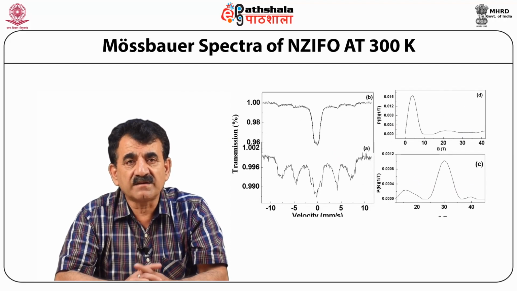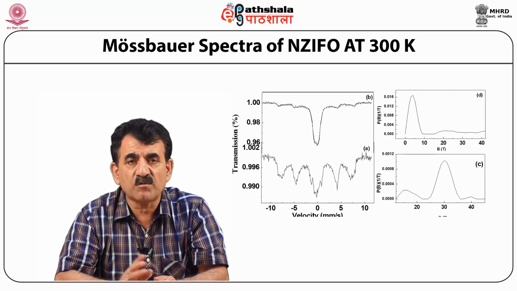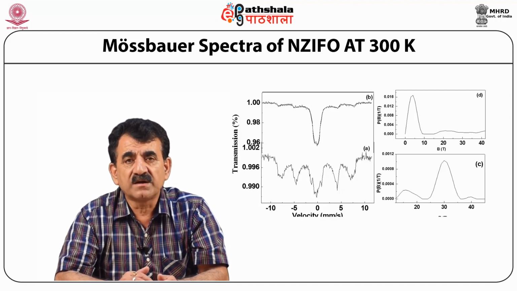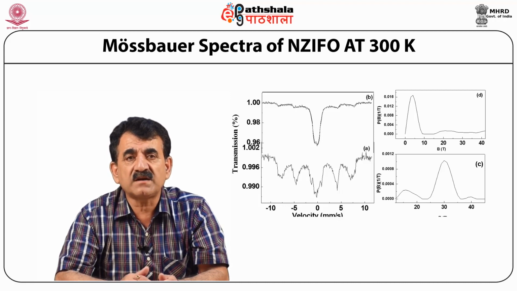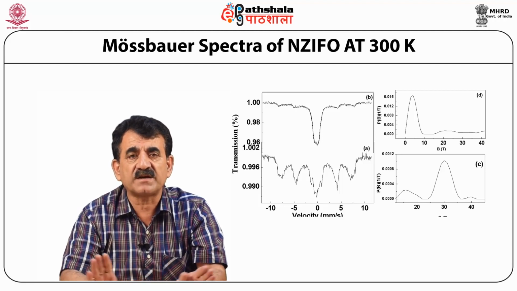Then again, in the previous figure there was well-defined ferromagnetic ordering, but here that ferromagnetic ordering starts decreasing, because if we put indium up to 10%, it's okay, we can achieve the ferromagnetic ordering.